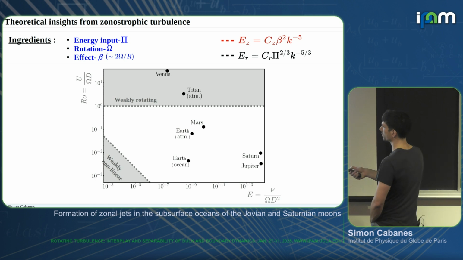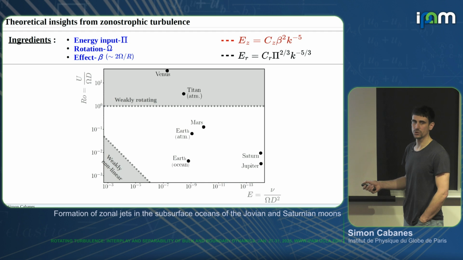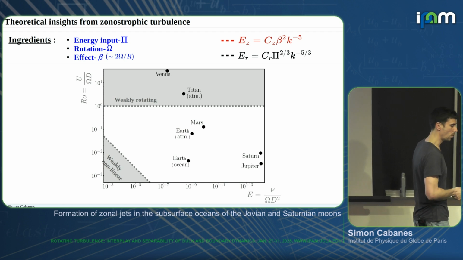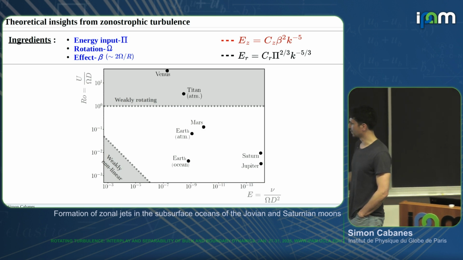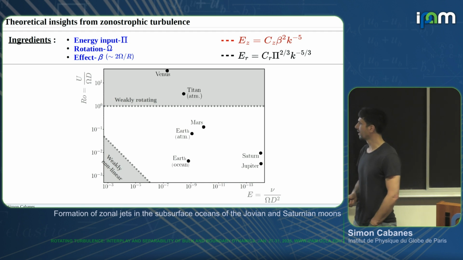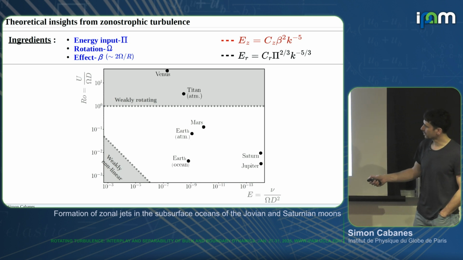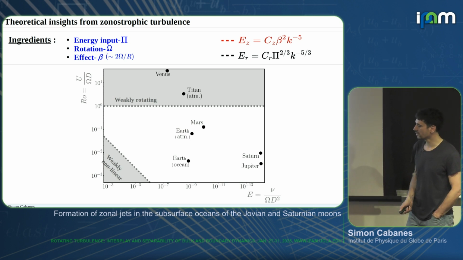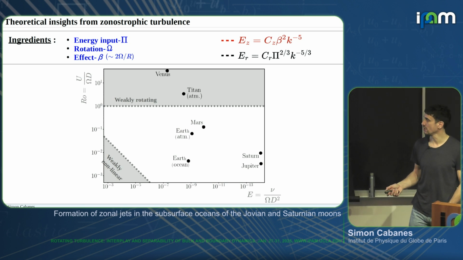I would like to first introduce two typical boundaries. This one, I just put Rossby equal to 1, which supposes that above that boundary we're under weakly rotating conditions, while below you're under rapidly rotating conditions, including Jupiter, Saturn, the Earth oceans, and to a lesser extent, the Earth atmosphere and Mars. This boundary corresponds to the weakly nonlinear regime, which means that the flow is not energetic enough to transition into turbulence.